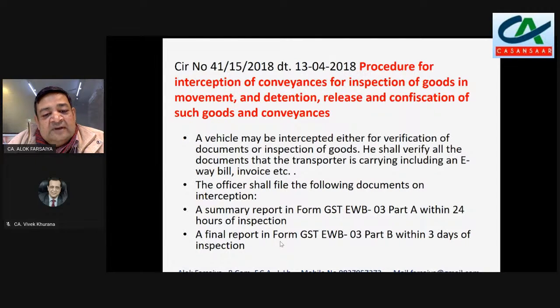The goods have to be sent to Rohtak, but the system will pick the destination as Gurgaon. My GR says my goods are moving to Rohtak. My bill says the goods are moving to Rohtak, but my e-way bill says my goods are moving to Gurgaon.